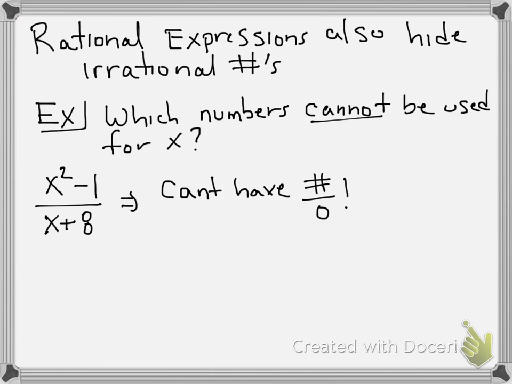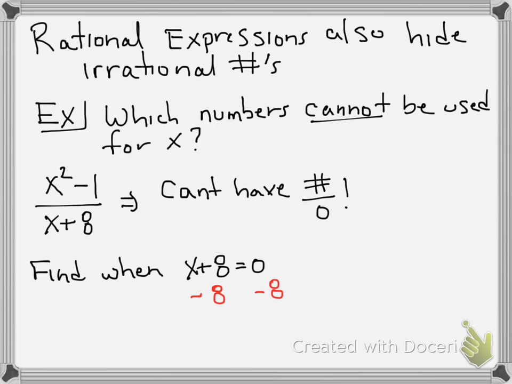Okay, now we recall what an irrational number is. An irrational number is something that has 0 in the denominator. So we want to find out when our expression has 0 in the denominator. So all we have to do is solve this simple equation for when x plus 8 equals 0.